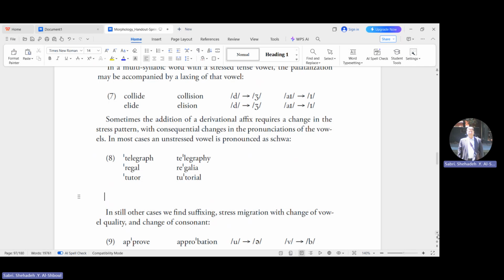So we notice that the stress moves to the next syllable, and this change in the location of stress is due to the suffixation of y: telegraph, telegraphy, regal, regalia, and tutor, tutorial. And all these changes actually fall in the domain of other courses, right?